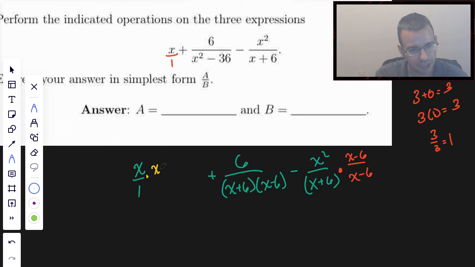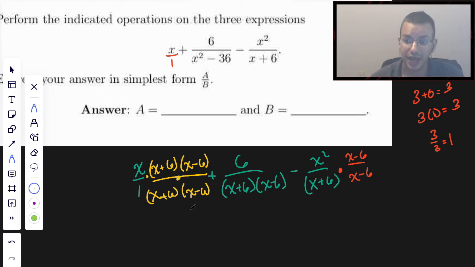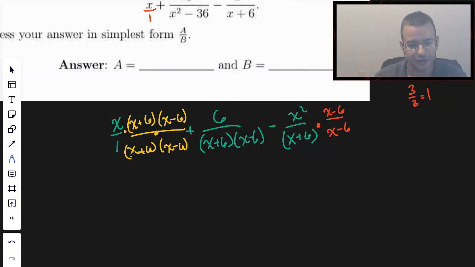We put those both in, and we put them on the bottom as well, multiplied together. So now they all have a denominator of x plus 6, x minus 6.